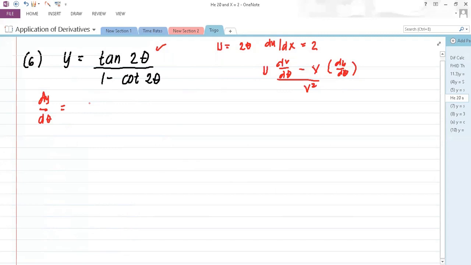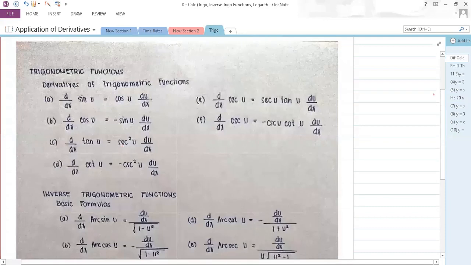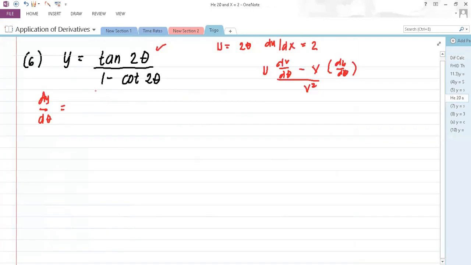Okay, so let's get the derivative of tangent of 2 theta. Okay, so ang tangent, sabi natin, ang tangent is secant squared of u. Okay, so we have, and our u is 2. So we have tangent secant squared of u 2 theta.